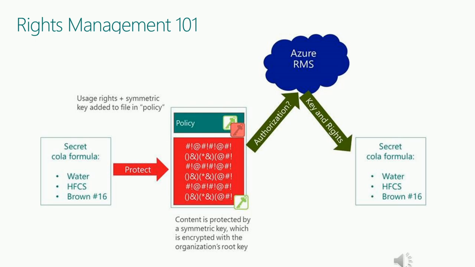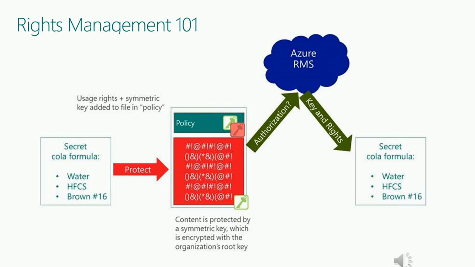We encrypt the whole file, and we stamp it with a policy that the user defines that says who can perform which operations, which also contains the necessary keys to decrypt the file, and we encrypt the whole thing, even the policy. So now you have an encrypted blob, which is completely useless and contains no data for anybody other than somebody that can get an authorization from the service.